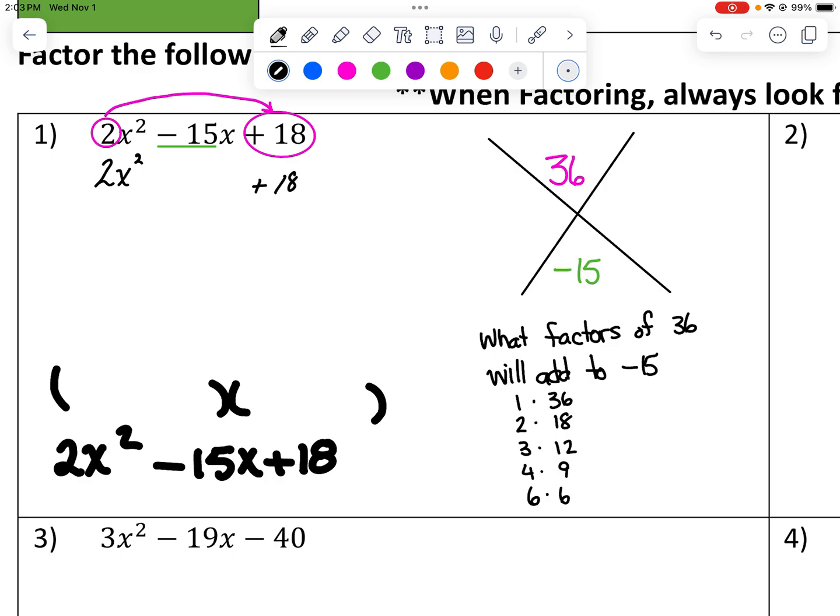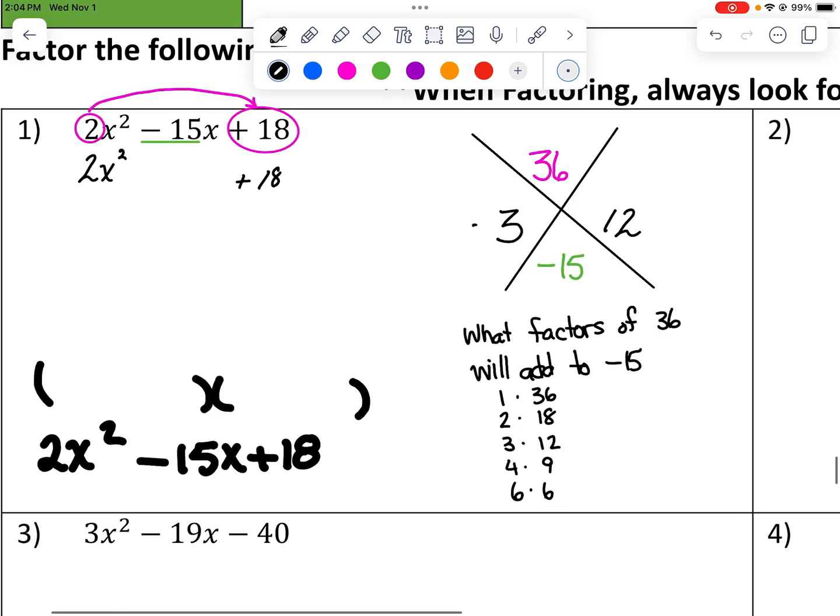And we realize that if we multiply 3 times 12 together, we get 36. And if we add 3 and 12 together, we get 15. But, oh, we want a negative 15.